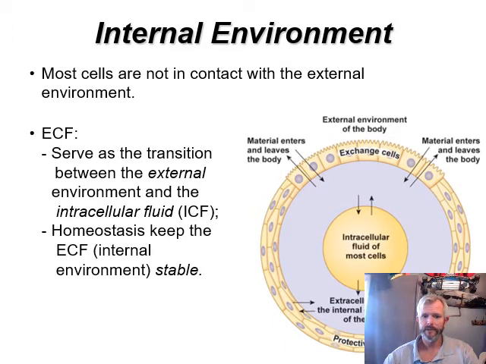So the ECF, like we said, serves as the transition between the external environment and the internal. And you can see why, homeostatically, this ECF stays relatively stable so these cells can operate properly. If there are big drastic fluctuations, the cells are going to start to have problems.